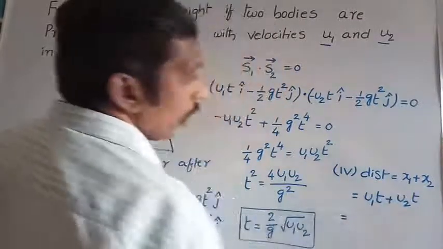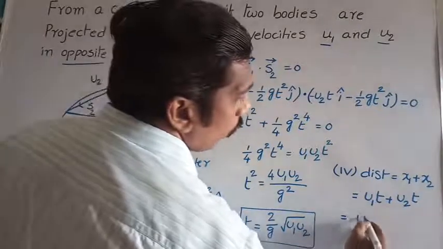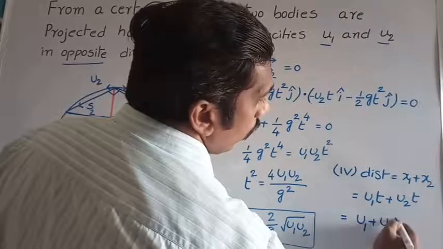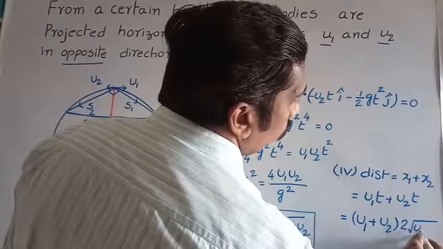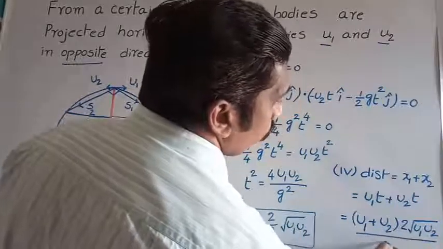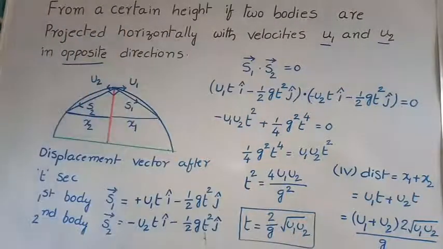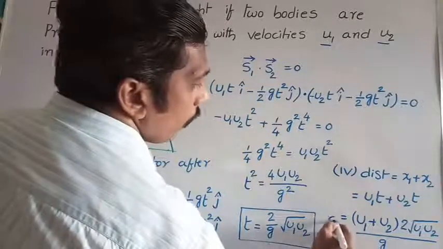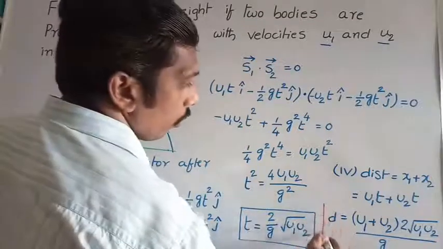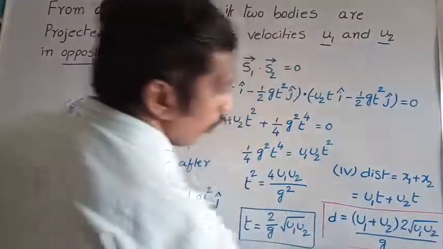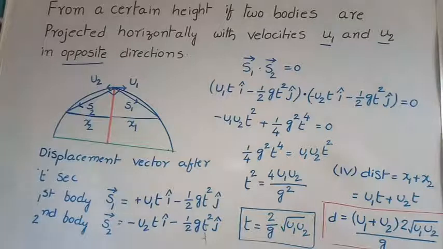If you take t common, then you get (u1 plus u2) into, instead of t, you substitute this value, 2 into root over u1 u2 by g. So this is the distance between two bodies when the displacement vectors are perpendicular. D is equal to (u1 plus u2) into 2 into root over u1 u2 by g, and time t is equal to 2 by g into root over u1 u2.